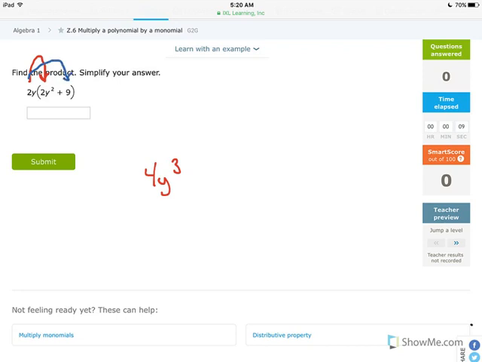So 2 times the 9, that should get you 18. And then you just have the times y, so 18y, and that should be your final answer.